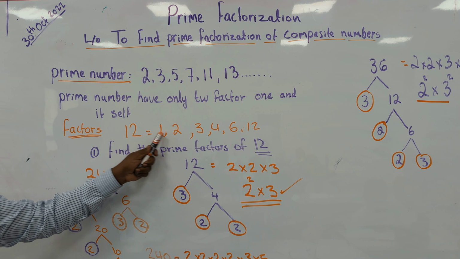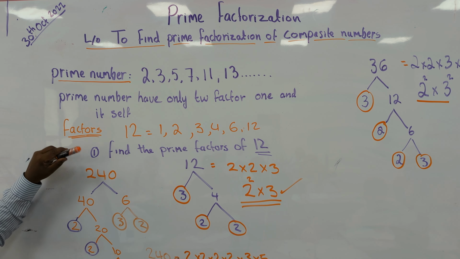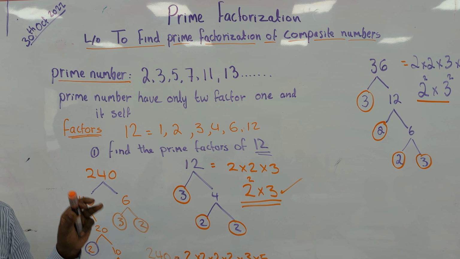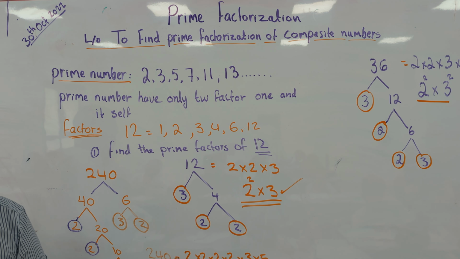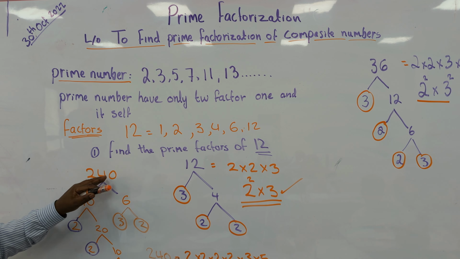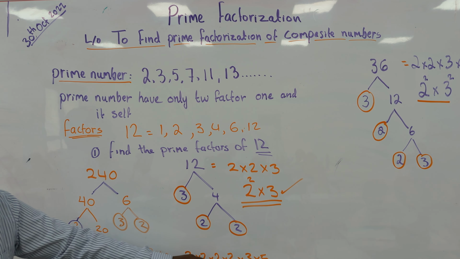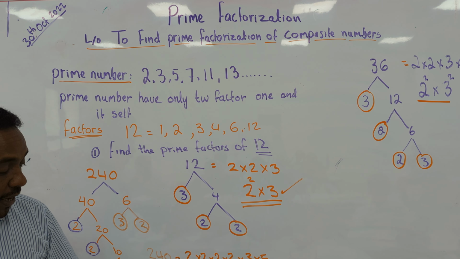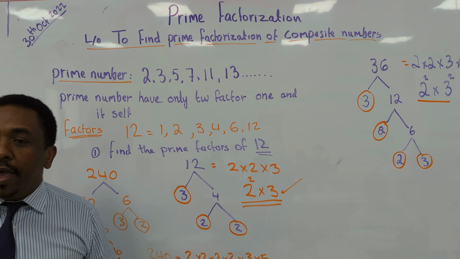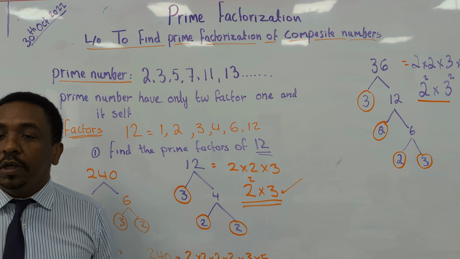We know how to factorize numbers. But in this lesson, we are learning how to find the prime factors of a number. And the best way to do it is to use these factor trees. When we do this and highlight all the prime factors, we can line them up and leave the answer in exponent form. Is there any question? Good.